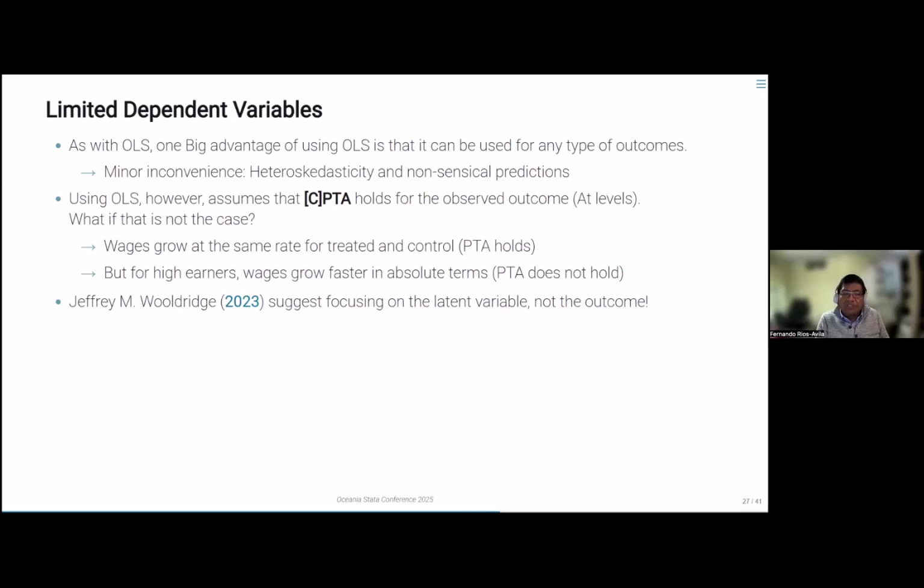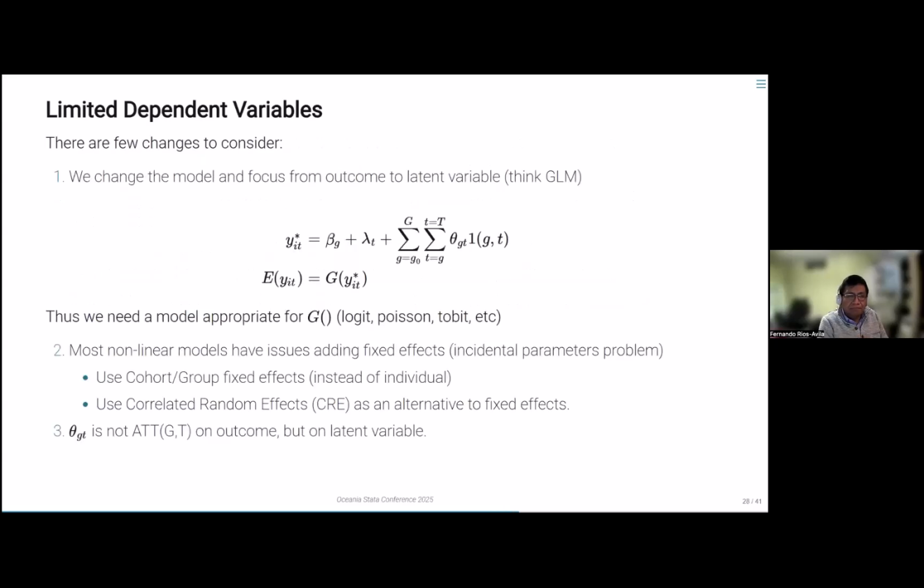So the suggestion from Wooldridge in this case is that instead of focusing on the outcome itself, it's going to be better to focus on the latent variable and to verify if that is holding. So how does it change the specification? Instead of looking at the outcome itself, we're going to still be using the same specification for the modeling, but we are going to be relating the latent variable with some nonlinear function to the expected value of the actual values of interest.